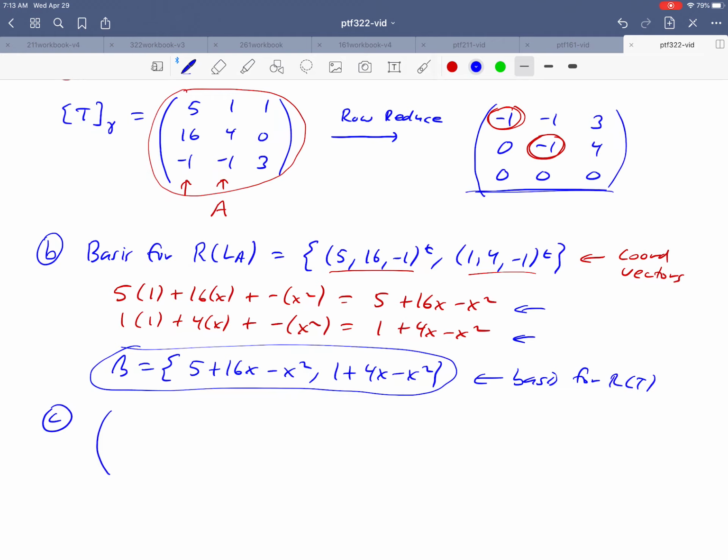Okay, so I'm going to do that in the space that we have here. Okay, if we set that equal to 0, and notice again where our two pivot positions are, how many free variables do we have there? It looks like we've only got one free variable, x3.